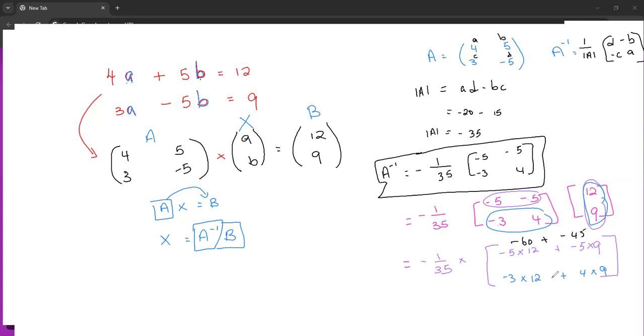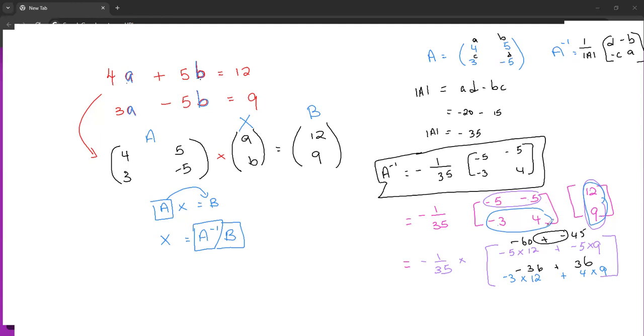Here will be 3 times 12, that's negative 36. And then 4 times 9, that's 36. In this case, this becomes minus, right? So this becomes minus.